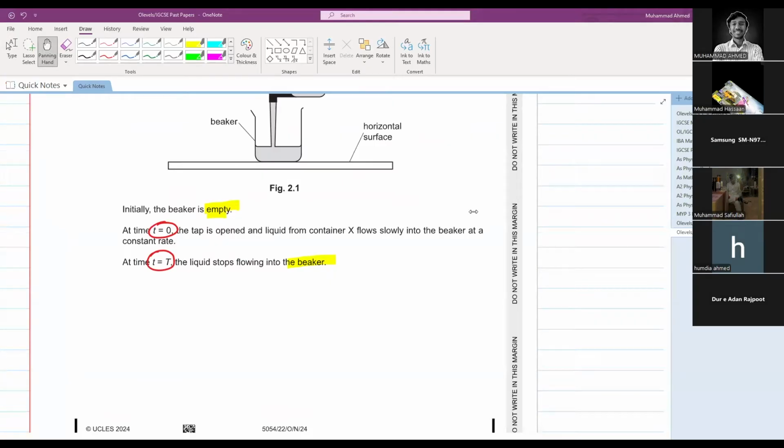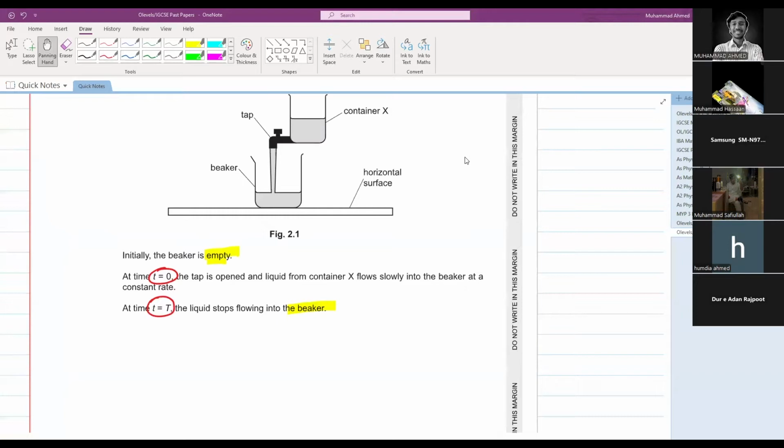At time t equals 0 your liquid starts flowing out of the tap, and at time t equals T your liquid stops flowing from the tap.